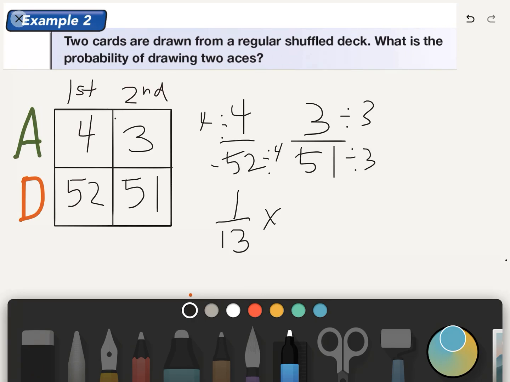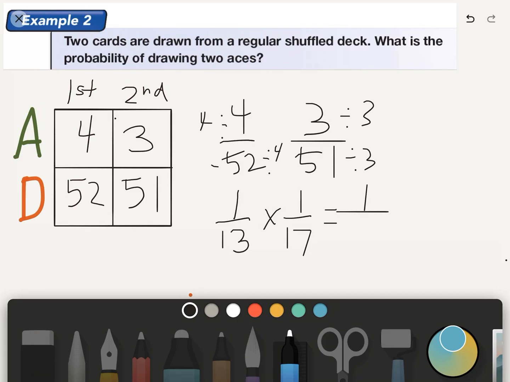I think the math makers wanted to kind of make this easy on us, I think. And so that can get us a 1 in 17 chance. So multiplying those two, 1 times 1 is 1.